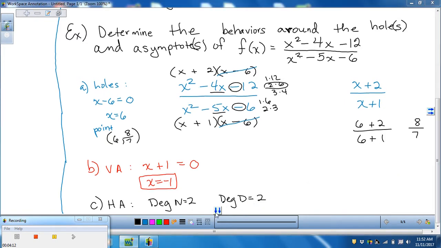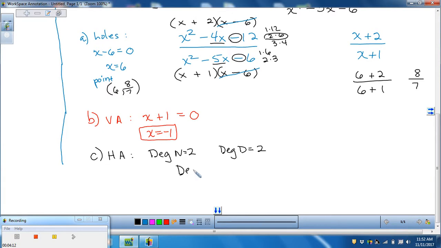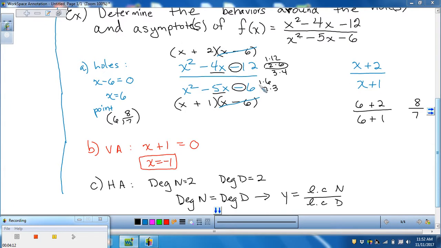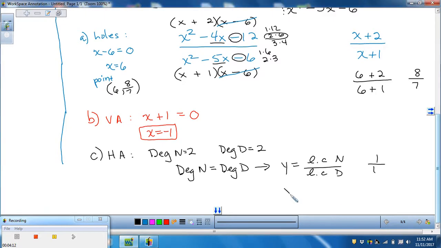So the degrees are equal, which means we will have a horizontal asymptote located at the lead coefficient of the numerator over the lead coefficient of the denominator. The lead coefficient of the numerator is 1. The lead coefficient of the denominator is also 1. So we will have a horizontal asymptote at 1 over 1, which is equal to 1. So the horizontal asymptote is y equals 1.